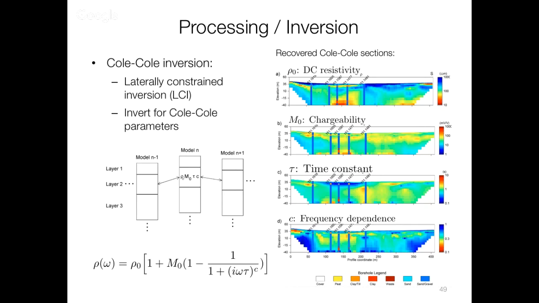So actually, more recently, and Maxi will probably present some stuff where he was using that, we also moved on from using this Cole-Cole parameterization with one single Cole-Cole term to a parameterization based on a relaxation time distribution.